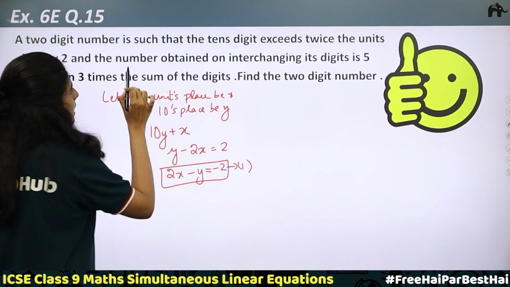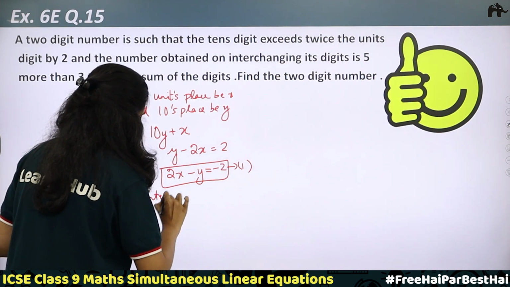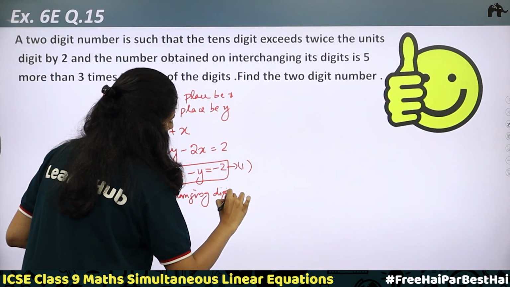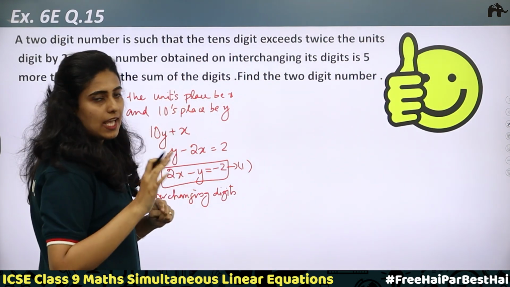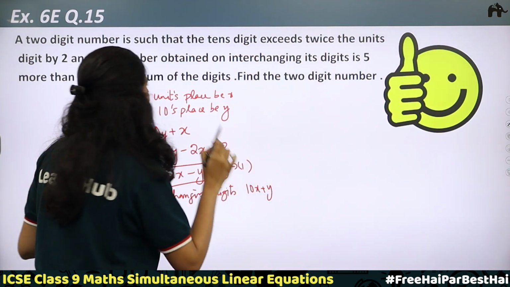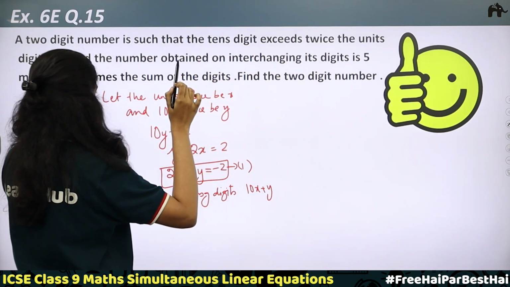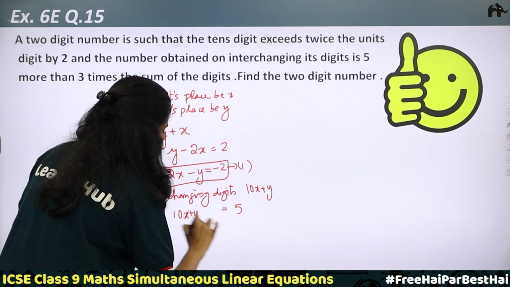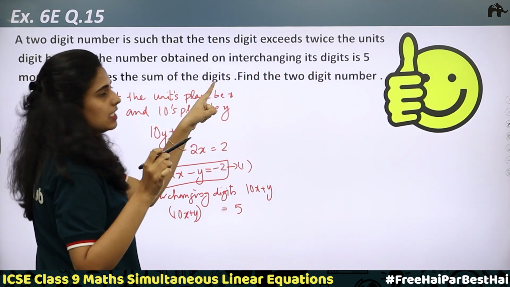Okay, and the number obtained on interchanging its digits. So interchanging digits, what is the number obtained? You will be having in the tens place x and in the unit place you will have y. So it is 10x plus y. The number obtained on interchanging its digits is 5 more than 3 times the sum of the digits.